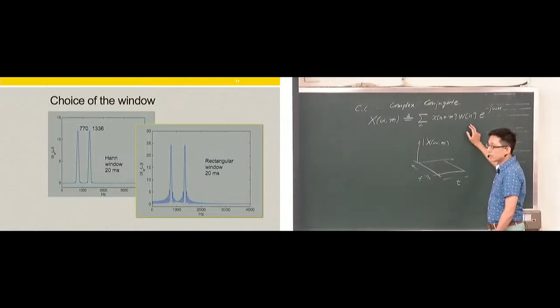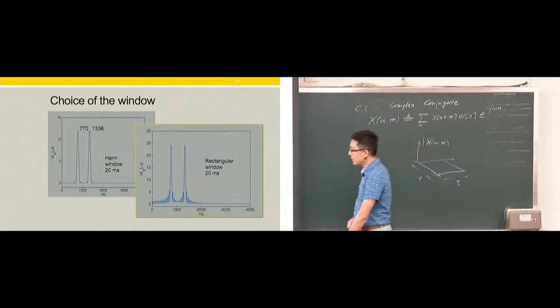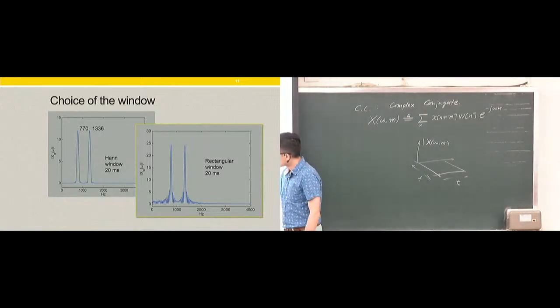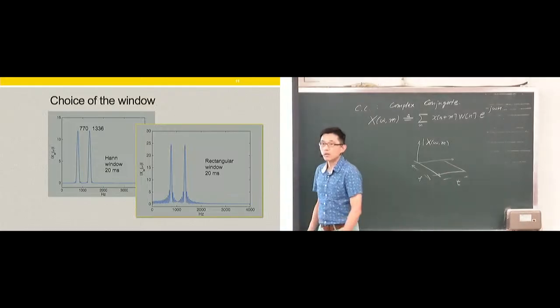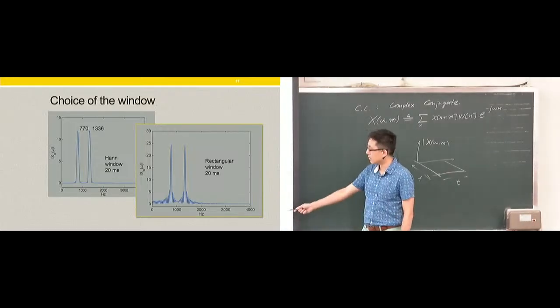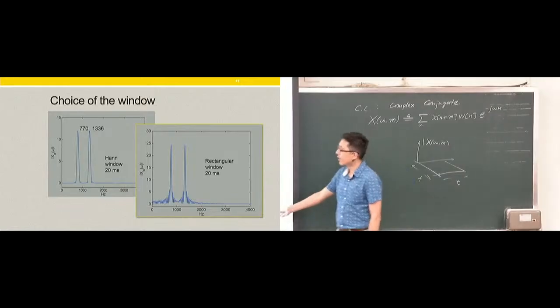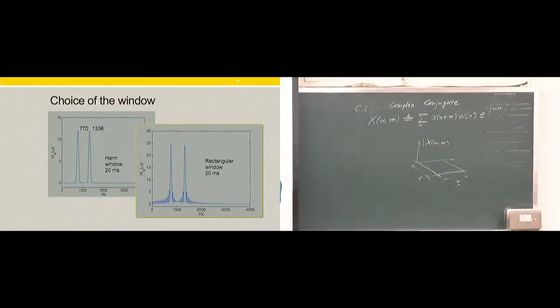Depending on your choice, a rectangular window has a narrower main lobe, which means the spectral resolution is higher. The main lobe is not fat; it's the narrowest. But then the side lobes are more prominent. Side lobes can be much higher than if you use a Hann window.